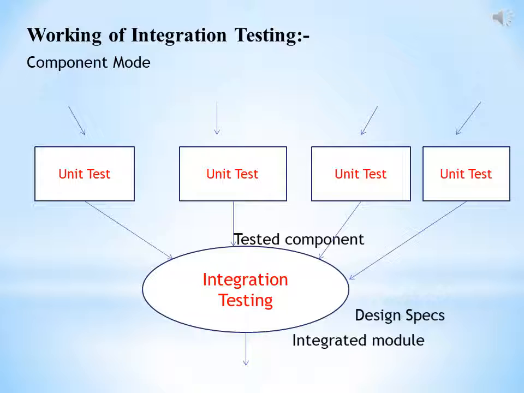I have already told you about unit testing. Whenever you complete the unit tests, that is when you begin integration testing. In unit testing, the modules are tested separately, and then integration testing merges the modules together and tests them. The figure shows the working of integration testing.